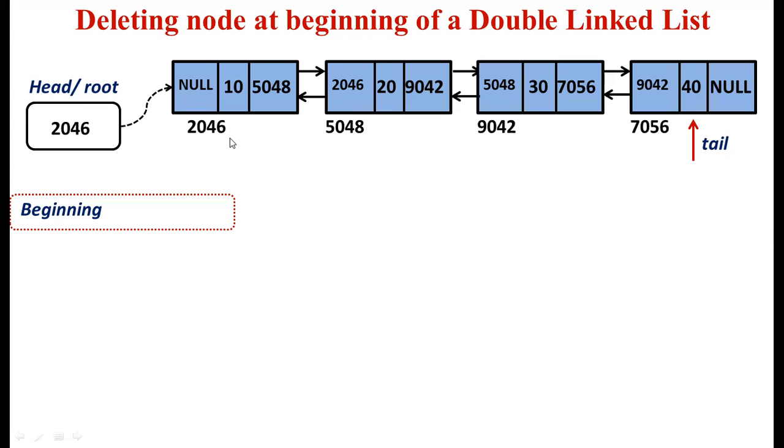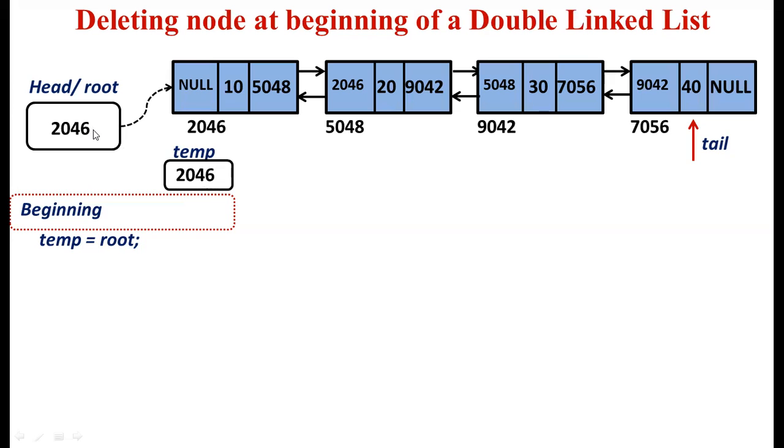First, we assign the root value to a temp variable. We create one temporary variable, and for that temporary variable we assign the root value. So my temp will be pointing to this first node. Next we have to move the root to the next node.